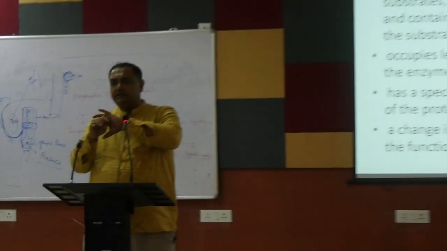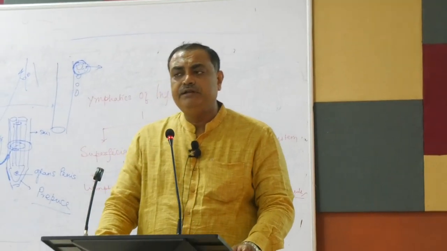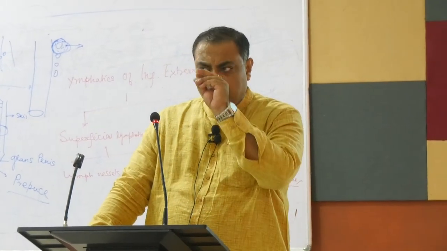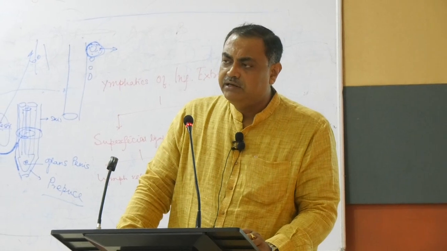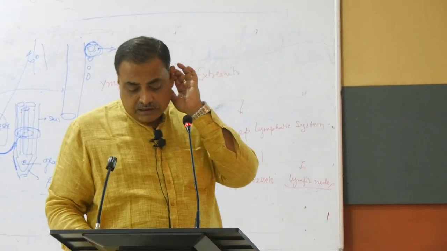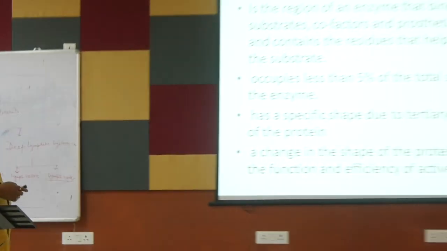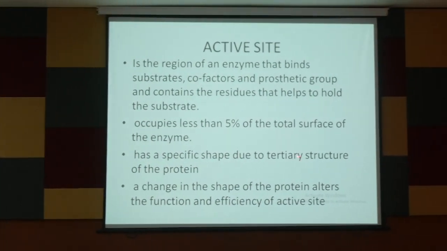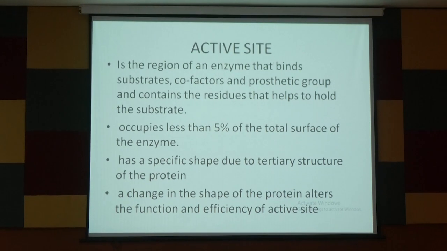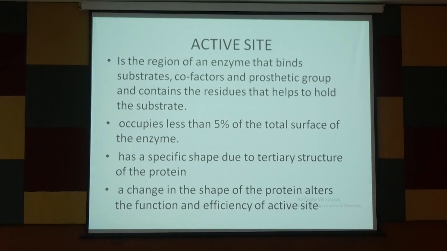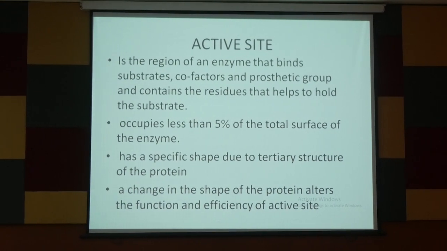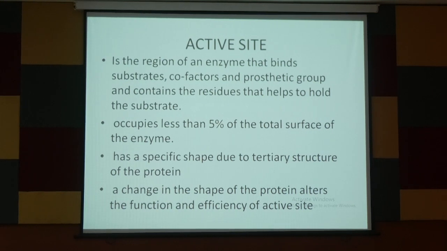So that's why the rest of the regions is also very, very important to maintain the small active site area of the enzyme. Now this active site has got some specific shape due to the tertiary structure of the protein. Now, of the 4 layers or orders of protein structure you have studied: primary, secondary, tertiary and quaternary.